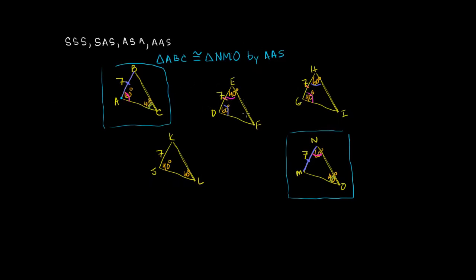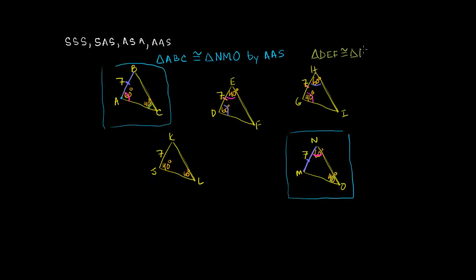And I'll write it right over here. We can say triangle DEF is congruent to triangle, and here we have to be careful again. Point D is the vertex for the 60-degree side. So I'm going to start at H, which is the vertex of the 60-degree side over here.